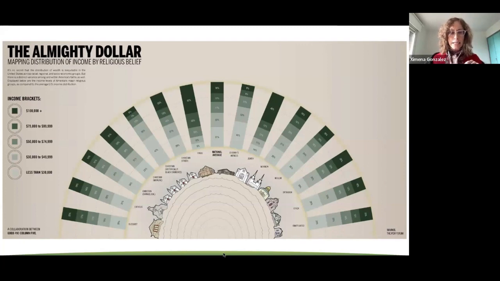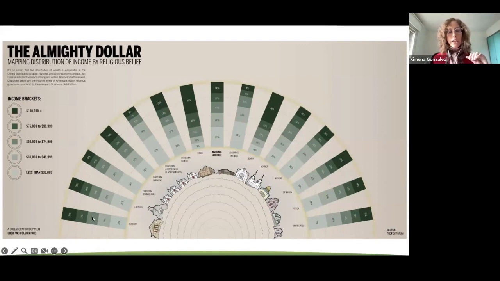They've taken these little images at the bottom, which are images of different churches, and clustered them in terms of Christian, and then they've got Jehovah's Witness, Buddhist, Muslim, Hindu, Orthodox, all the different religions recognized in the United States.